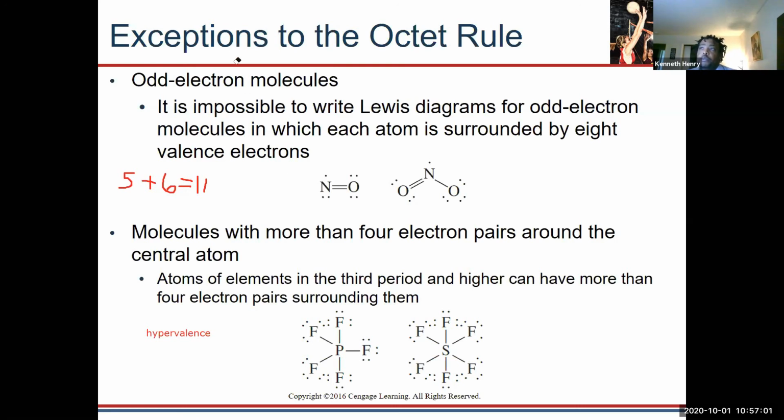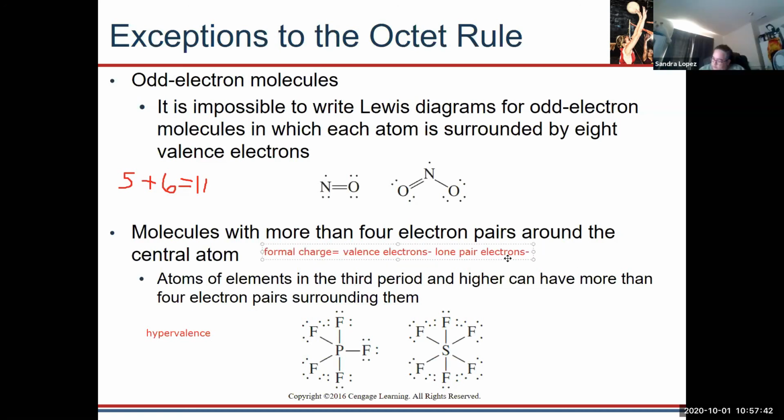So the way you calculate your formal charge is: formal charge is going to be equal to the number of valence electrons minus the number of lone pair electrons minus the number of bonds.